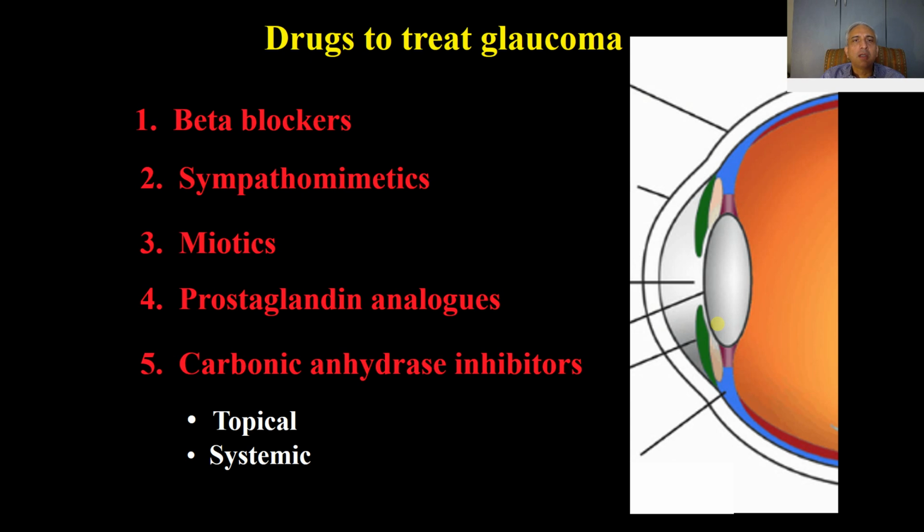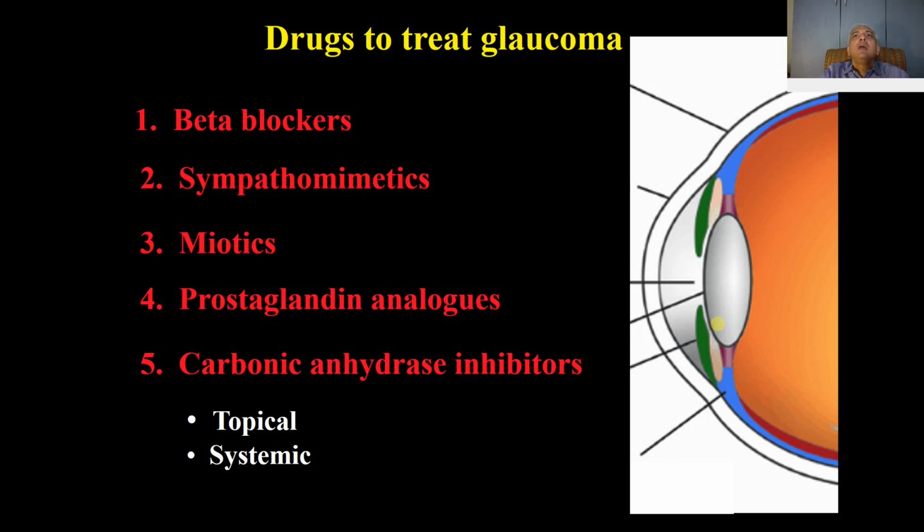Because it is important, if you give a beta blocker to a patient who's got asthma, he will get shortness of breath, and if he's on the last reserves of his oxygen, he can actually die because of that. So we have to be very careful. And whenever you give a beta blocker, always check the pulse of the patient or ask him if he's got any heart problem, because it will aggravate bradycardia.